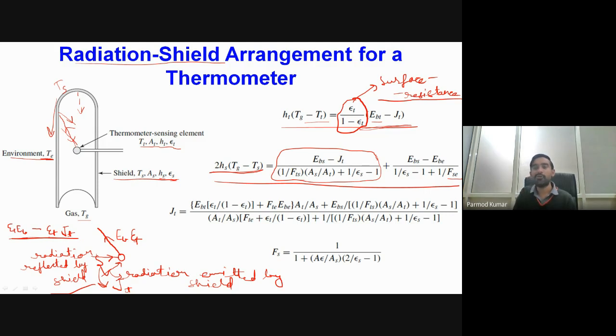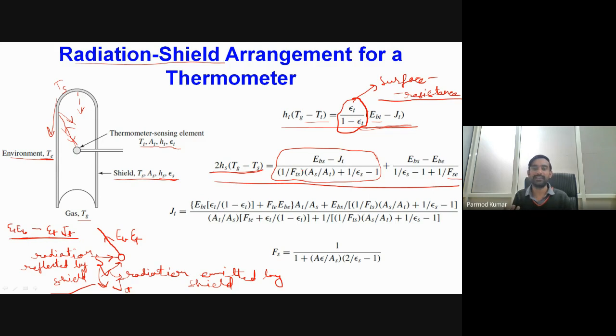Now while we are using this energy balance over the shield, we are considering the effect of both surface resistance as well as space resistance, and space resistance is accounted for with the help of the view factor.